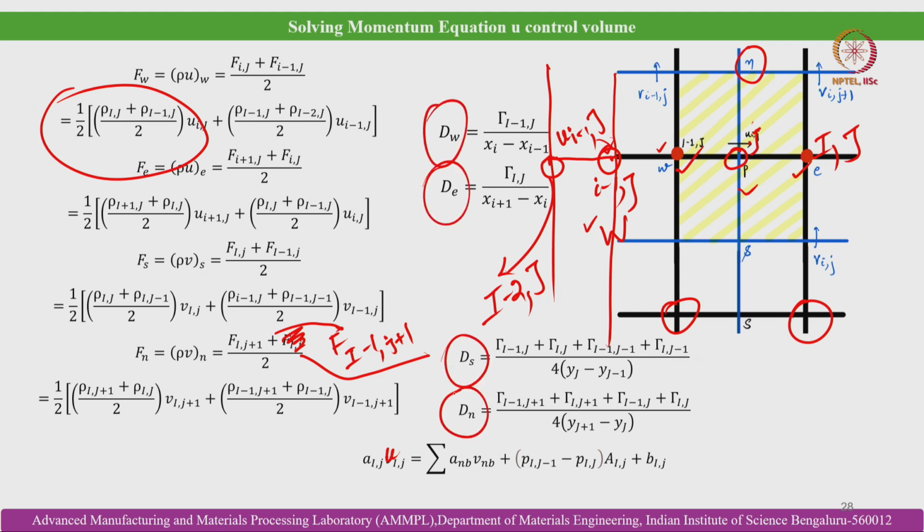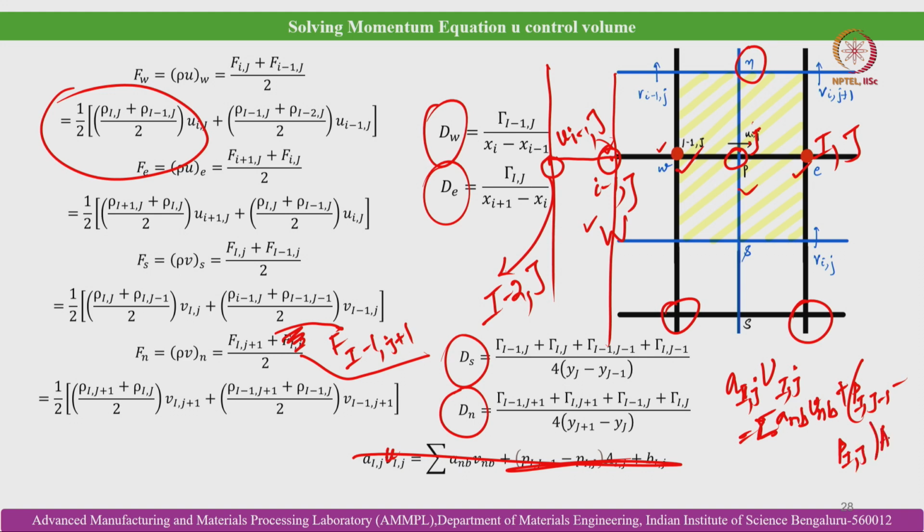And then for the y momentum equation, the expression will be a_{I,j} v_{I,j} is equal to the summation of a_nb v_nb plus the pressure P_{I,J-1} minus P_{I,J}, multiplied by A_{I,j}, plus b_{I,j}.